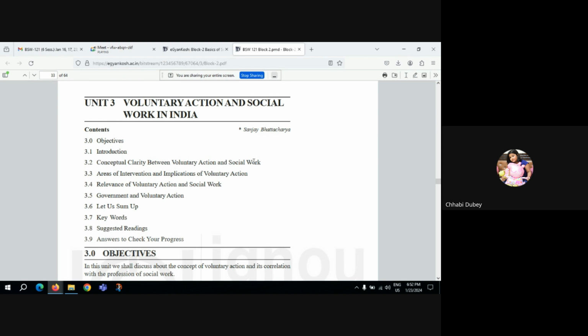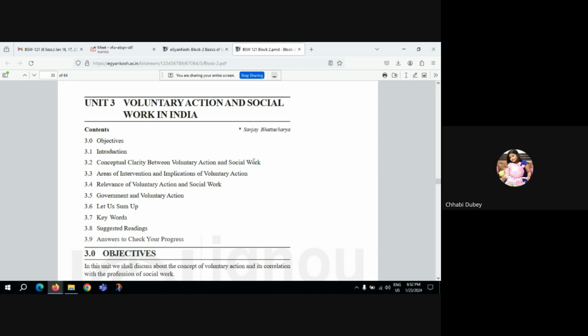In this chapter, we will be dealing largely with the voluntary action that has taken place, what exactly voluntary action is, how it is different from professional social work, areas of intervention and implications of voluntary action, why voluntary action is required in the first place, is it relevant, and what is the role of voluntary action in the government.